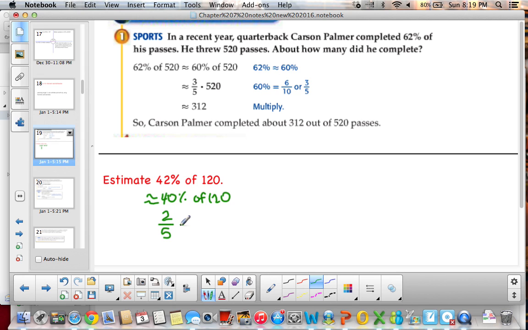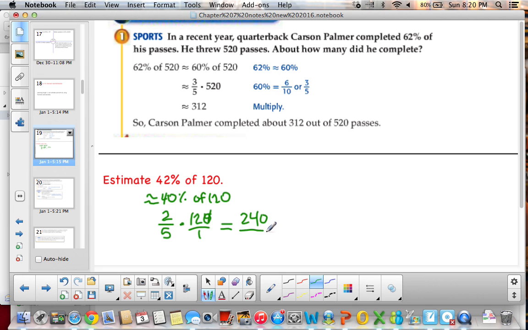So 2/5 times 120. Oops, I don't know why I'm doing a 4. And then when we multiply by a whole number, we want to add that 1. So 2 times 120 is 240.